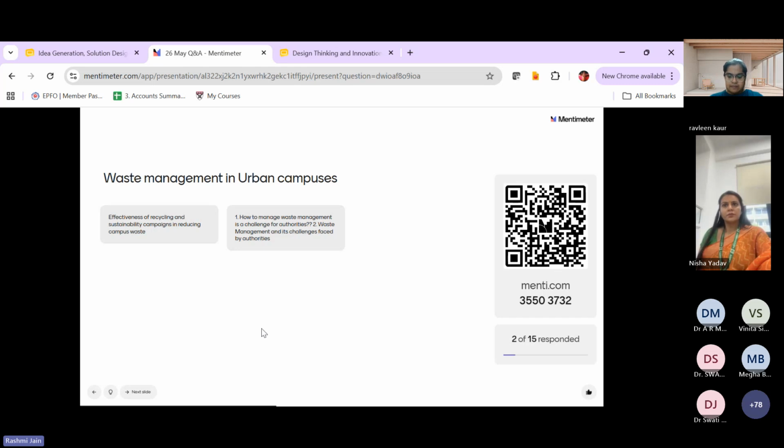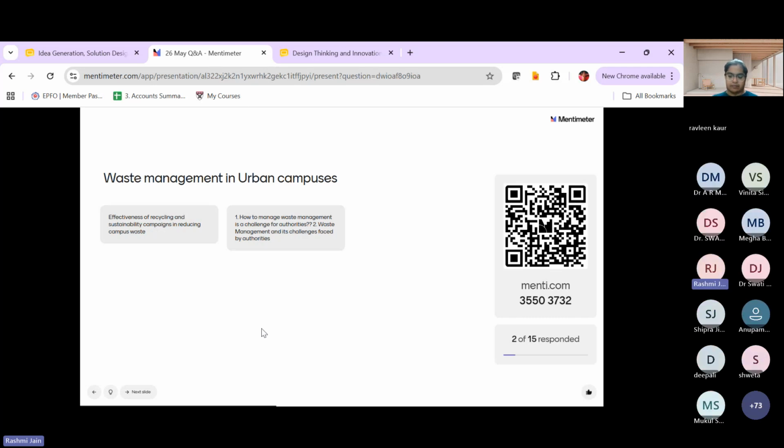Then you will specify your research area. So you are looking at solving the waste management problem in urban campuses only. So what you can do then is align 10, 15 urban campuses and run your research there.